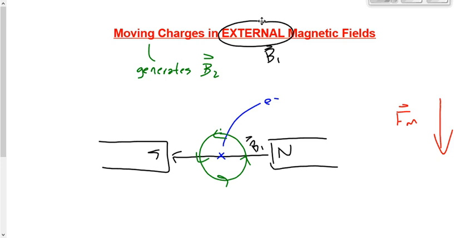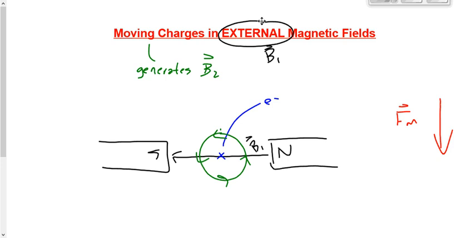Our straightened out fingers will go in the direction of the magnetic field, the external magnetic field, B1. Thumb into the page, fingers go to the left in the direction of the external magnetic field. My palm, that's the third variable here, the first time we're using that one. My palm will automatically point downward. So we would say in this case, the magnetic force is downward toward the bottom of the page. Does that make sense?